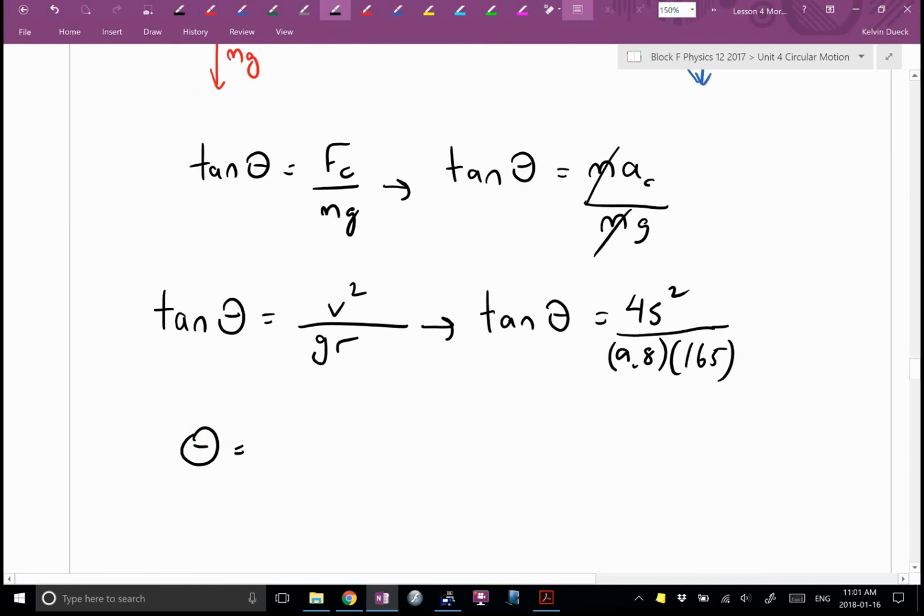So get that as a decimal and then shift tan. You get something in the 50s, if I recall. 51.4.